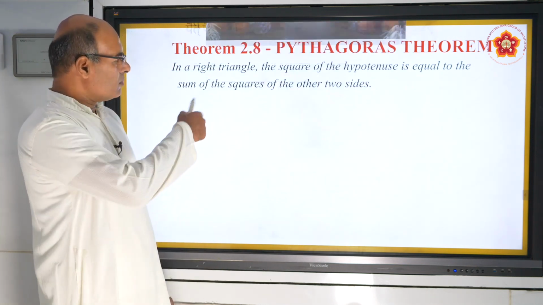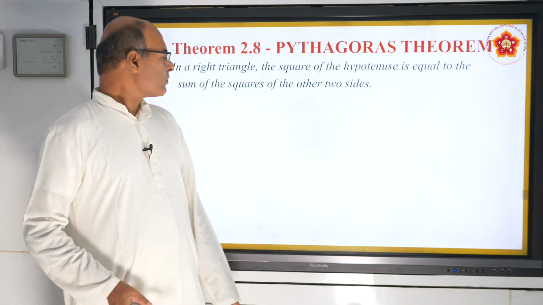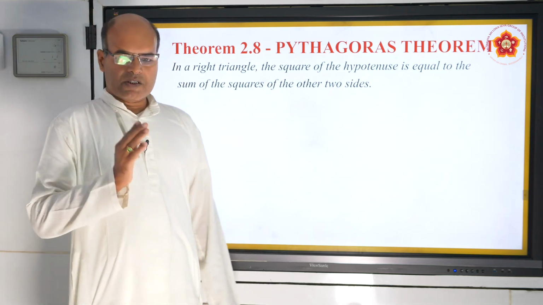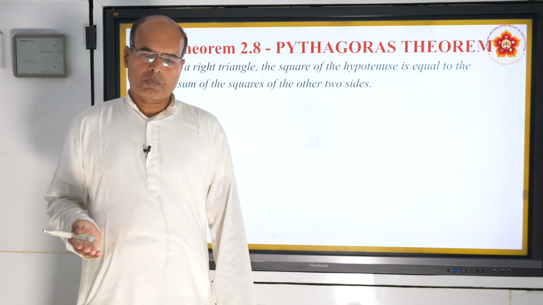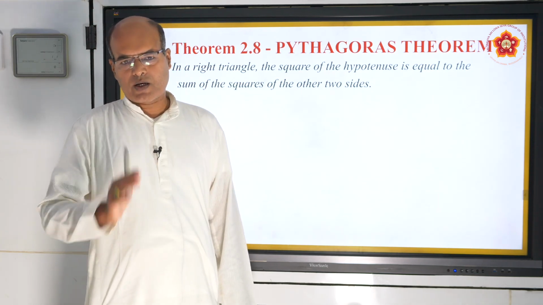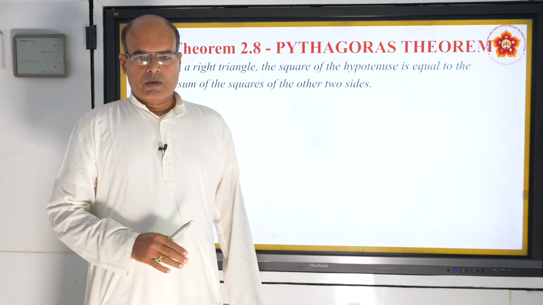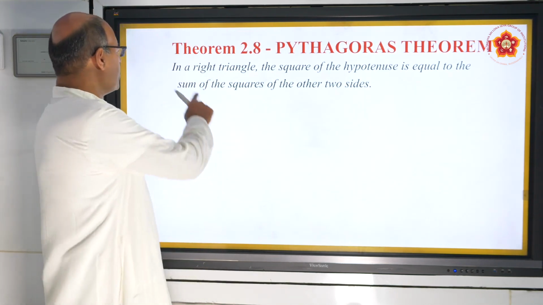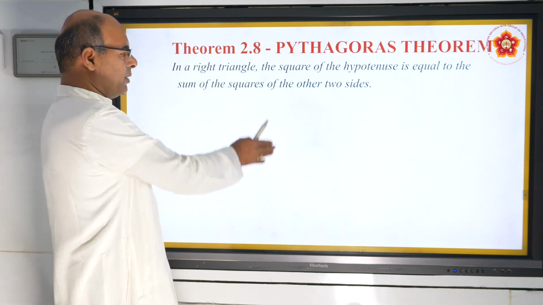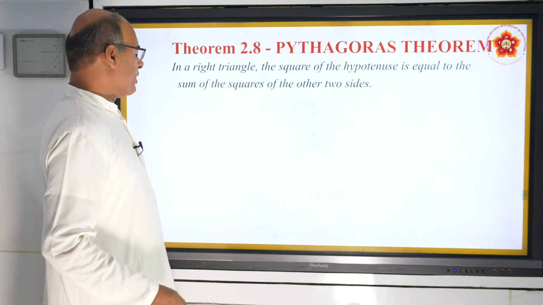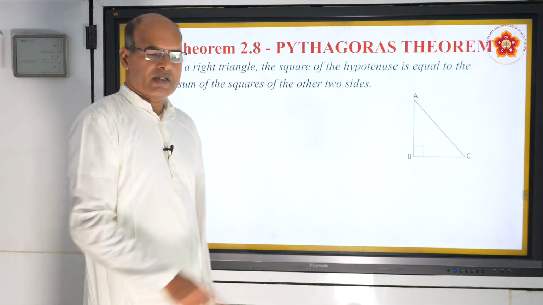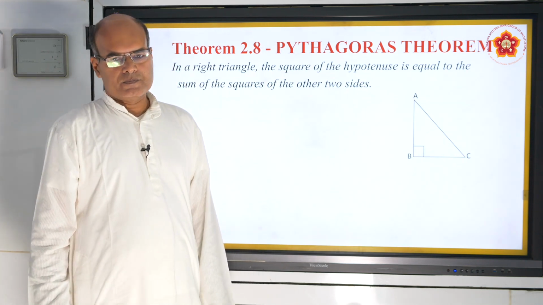So let us prove the Pythagoras theorem. Every theorem consists of two parts, the hypothesis part and the conclusion part. For the hypothesis part, we have to write the diagram, and in the data, we have to explain the meaning of the diagram. So in a right angle triangle, that is the hypothesis. Let ABC be the right angled triangle.